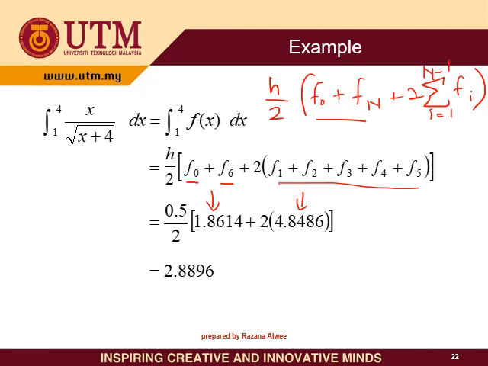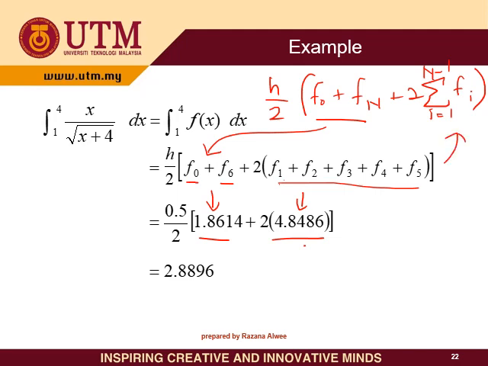So this is your f0 and f6 for this question, the first one f0 and the last one fn, which is f6. And then this is the sum of all in the middle, from 1 to n minus 1, until f5 here. So 1 until 5 will be in the second column. This is for the first and the last, and this is everything in between. This is based on our formula in the previous slide. You can check it out.